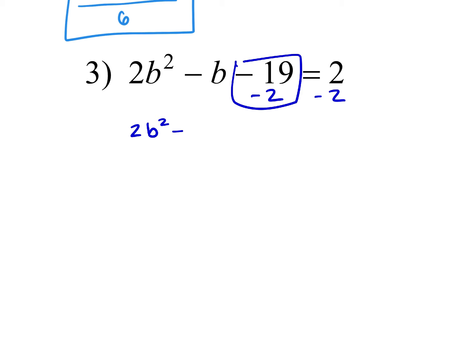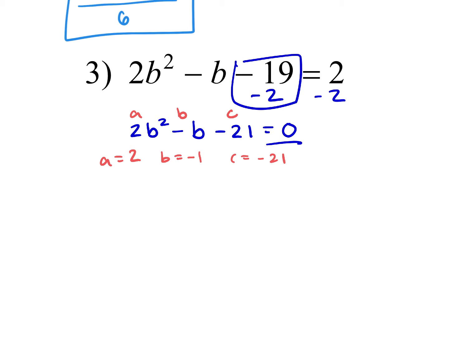So I have 2b squared minus b. What comes next? Minus 21. Then I have equal to 0. So then I can just list my a, b, and c. a equals what? 2. b equals negative 1, and c equals negative 21.